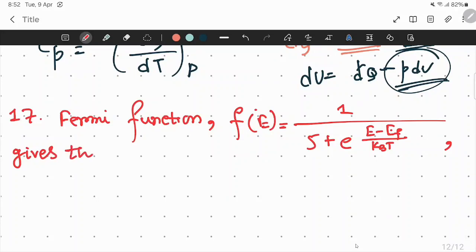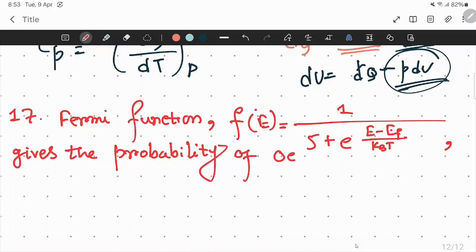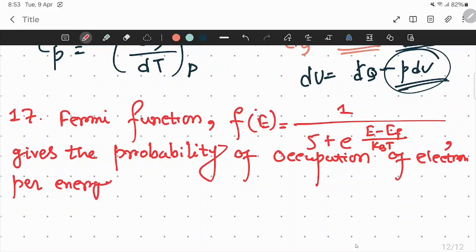That gives the probability, the same definition of occupation, just instead of 1, there is 5, of electron per energy state.